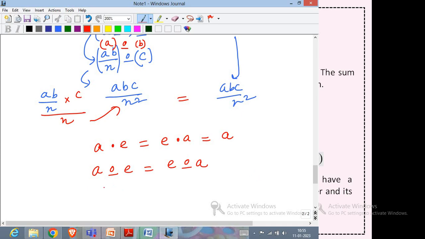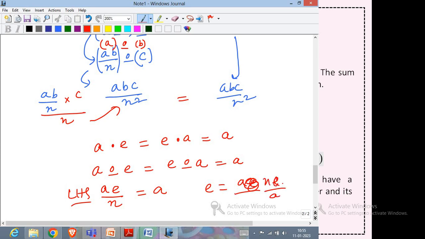Are you able to do it? This is what will be coming, right? LHS if I do it, your E is something like NE by NA by A. So it gets cancelled. So your E is basically N. So for the given set, N becomes the identity element. Same way you can prove the identity element as well.